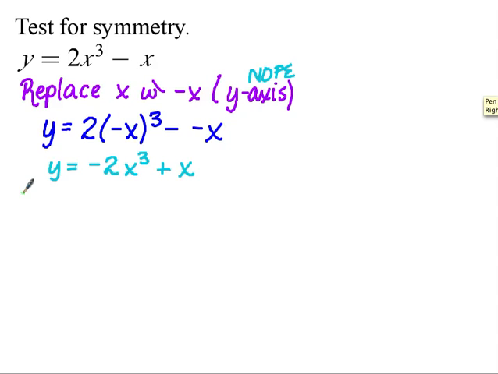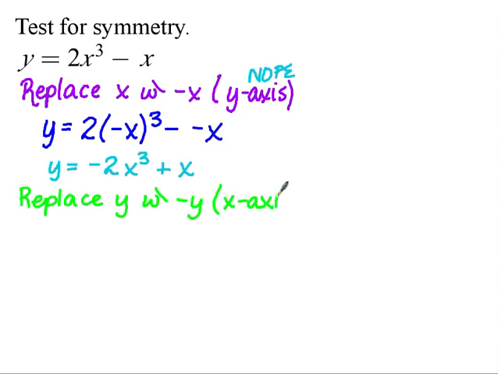So then the next one, we're going to replace y with negative y. And what's this one going to test for? X-axis. Okay, so if I replace y with negative y, I get negative y equals 2x cubed minus x.